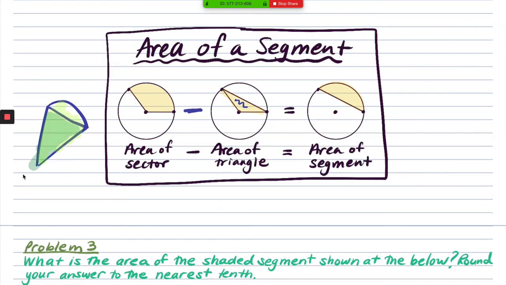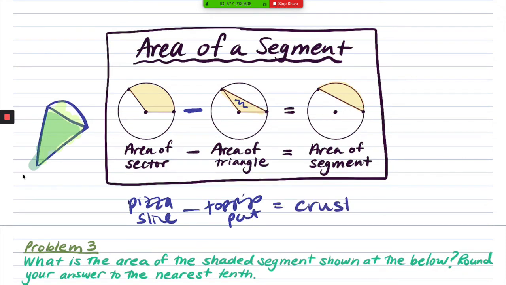So it's kind of like pizza slice minus, what would you call that part? Pizza toppings part equals crust. That's one way to think about it.